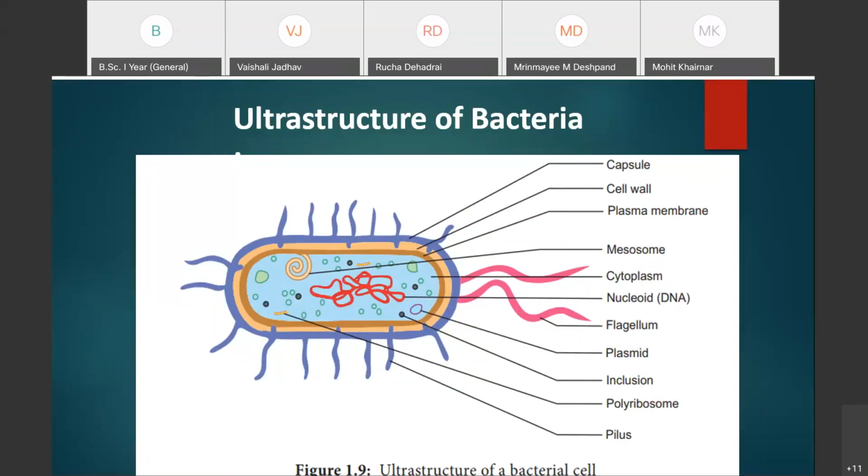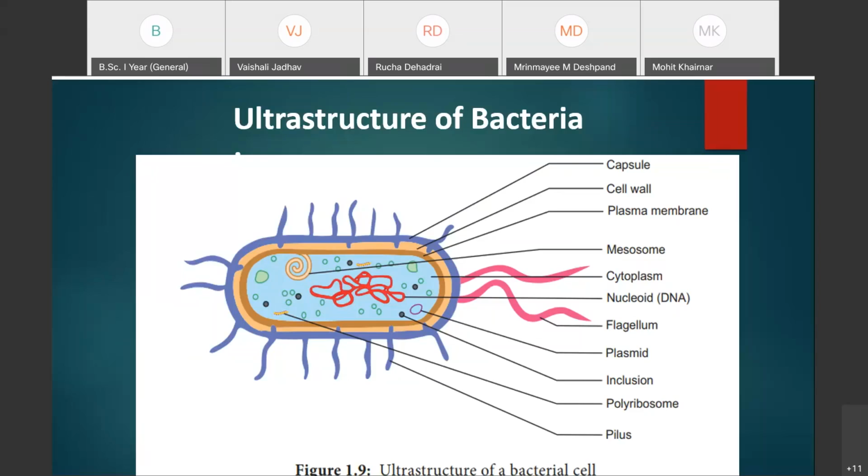These pili or fimbriae are made up of a specialized protein called pilin or fimbrilin.